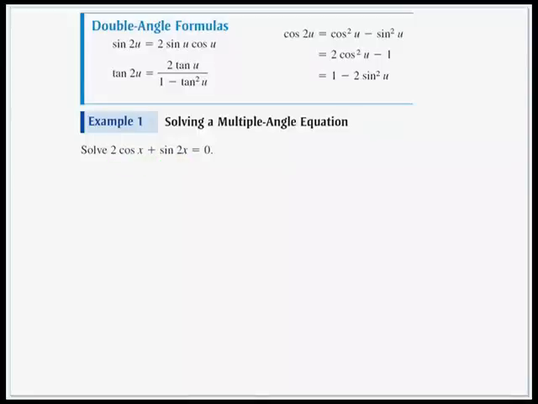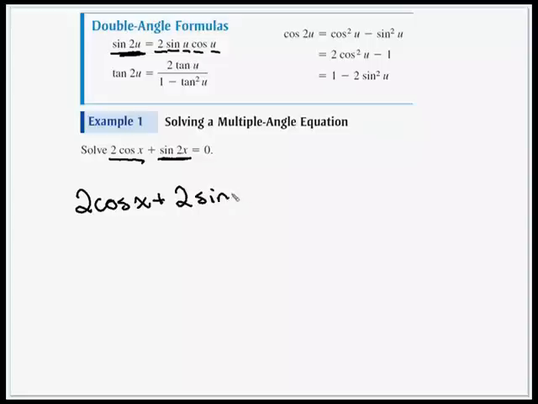So if we look at our equation here, this sine of 2x is new. That's something we haven't seen before. And we can look to this double angle formula. The sine of 2 times something is 2 sine u cos u. So this first term is going to stay the same, 2 cosine of x, plus this sine of 2x I can replace with 2 sine x cos x.